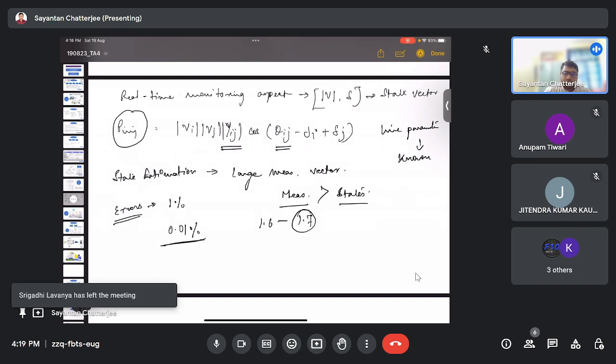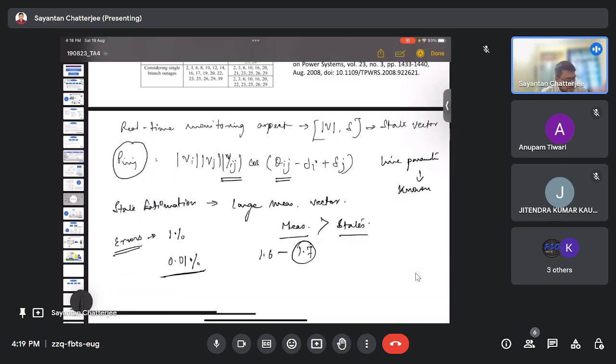That's the main challenge, and hence this is the main objective.